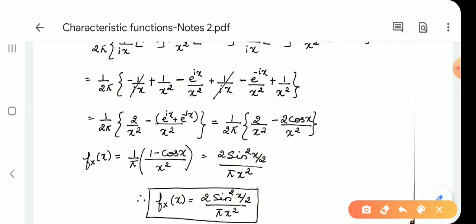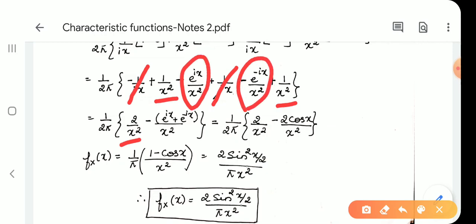So further, 1 by 2 pi into, if we see, minus 1 by ix plus 1 by ix cancels each other. We have two like terms, 1 by x square, which becomes 2 by x square, and here two more terms are there. In both these terms the minus sign is common. Take the minus sign common outside.